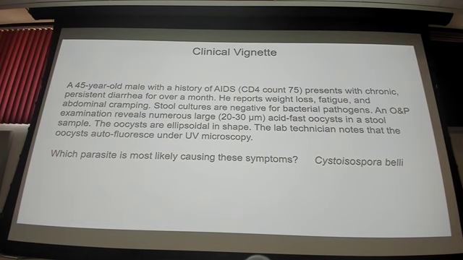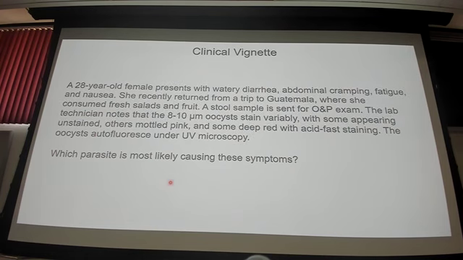And then lastly, we've got a 20-year-old female with travel history to Guatemala, notable for consumption of fresh salads and fruit. She has typical diarrheal symptoms: cramping, diarrhea, fatigue, nausea. Medium-sized oocysts, variable acid-fast staining, and some of those will autofluoresce.